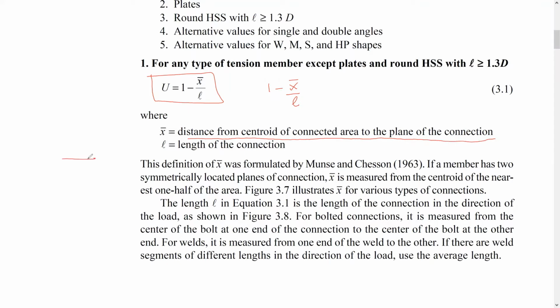Okay, فإذا كان عندنا مثلا هون L وهون خلينا نقول connected to another plate by welding or so, هون عندنا ايش centroid. Okay, if this is the centroid and this is the plane of connection, هاي هي بتكون X bar. And هاي is given to you in the steel manual. معطى لك بالsteel manual. L is the length of connection. وراح نعلمكم كيف توجد the length of connection and how to do that.